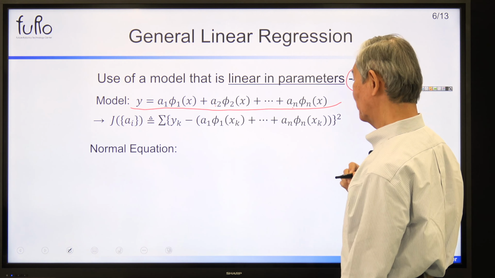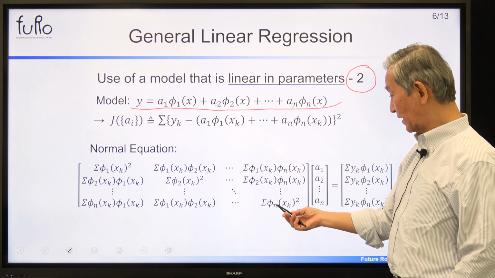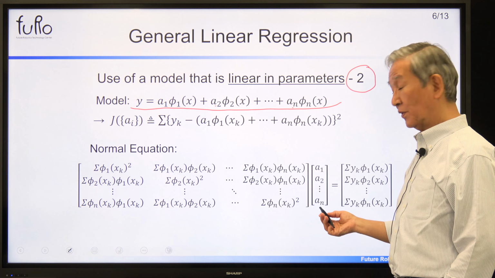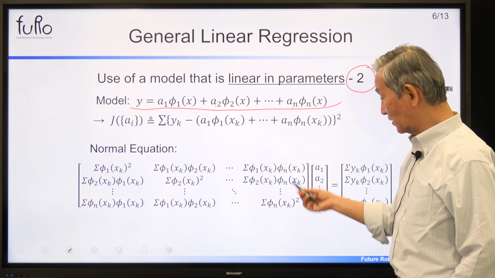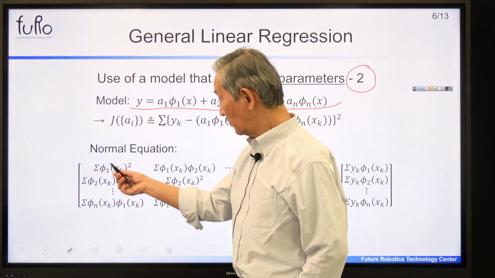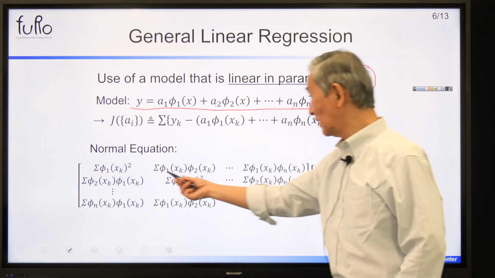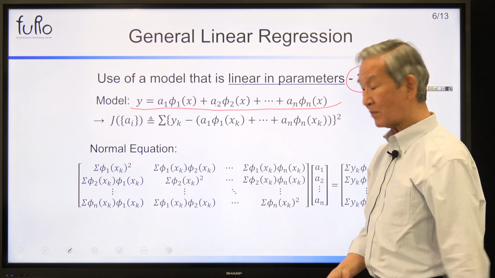Next one. Normal equation here. This is it. So phi n was the coefficient of An. That's squared. And this entire thing, phi n is multiplied. And this here, phi 1 is multiplied. Phi 2 is multiplied. And over here, phi 1, phi 2, phi 3, and phi n. Voila.